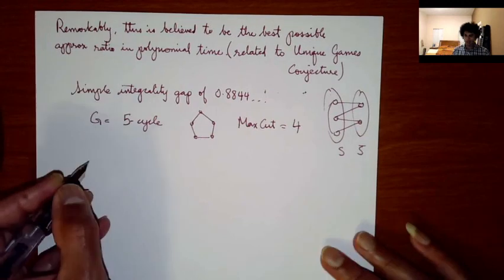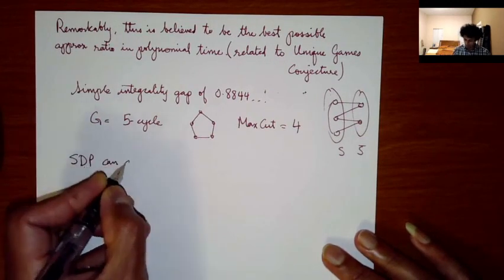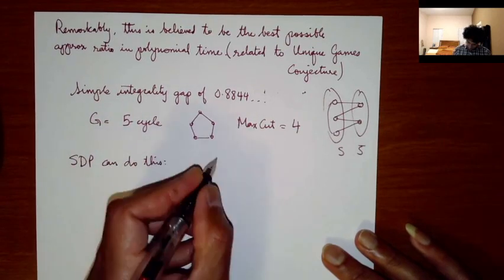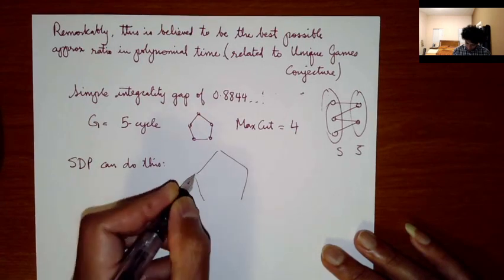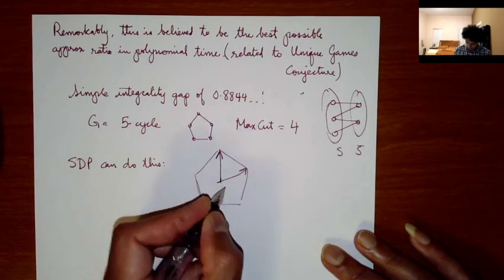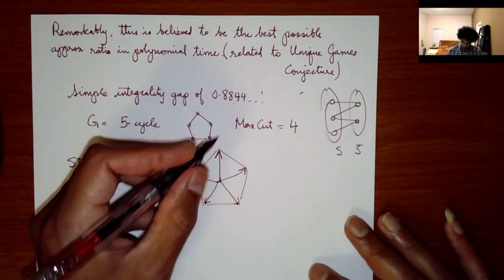The SDP solution. The SDP can do this. What it can do is actually... Okay, so I'm just going to draw the pentagon here. It's going to put the vectors in this form, but the edges are going to go this way.